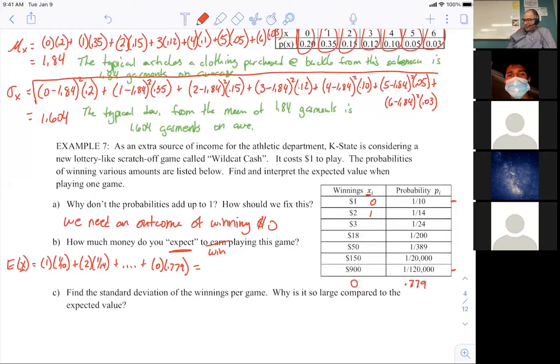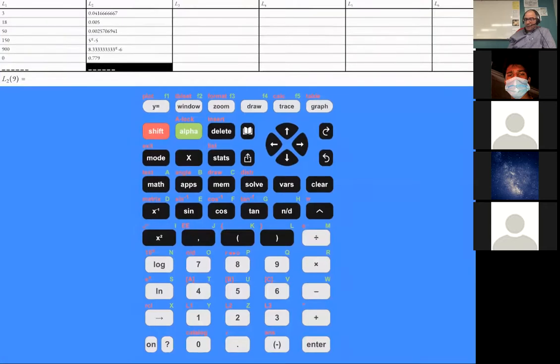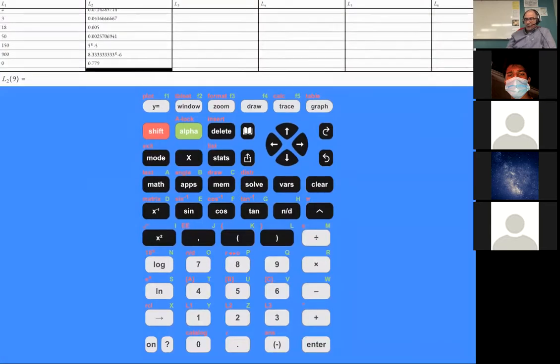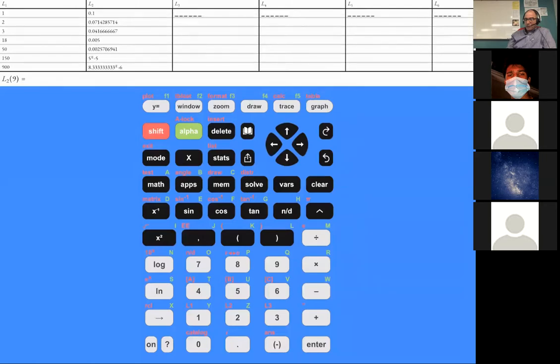Okay, so luckily I have it in my calculator. As long as it looks like I have them in right, list 1 is going to be my earnings. List 2 is going to be my probability of those earnings.